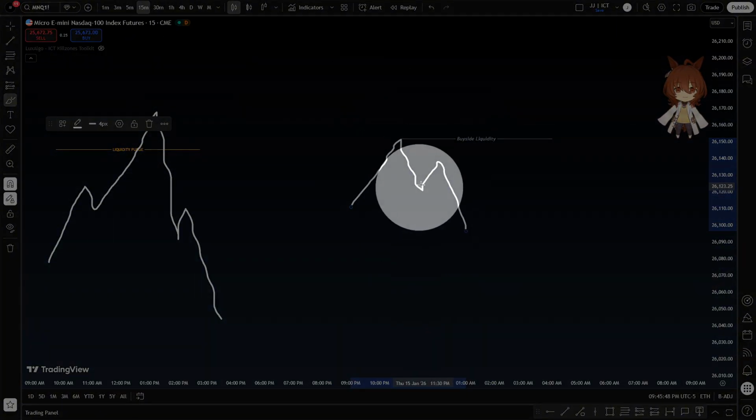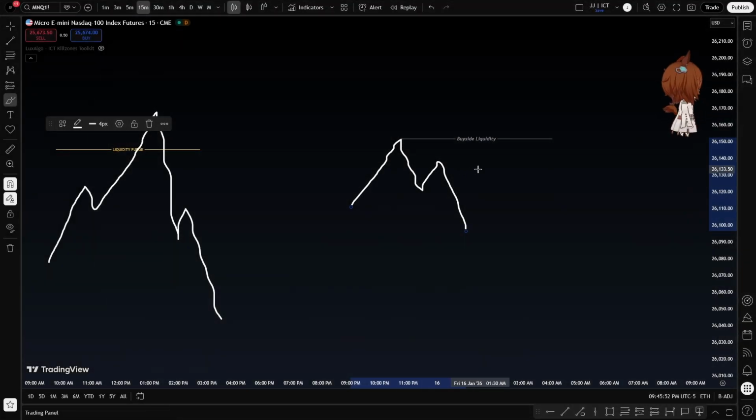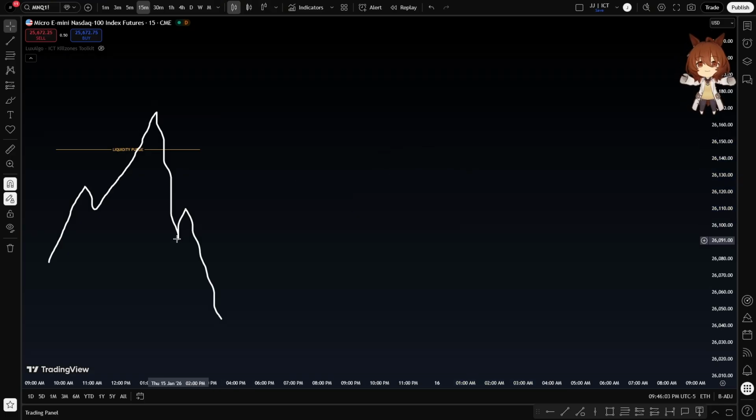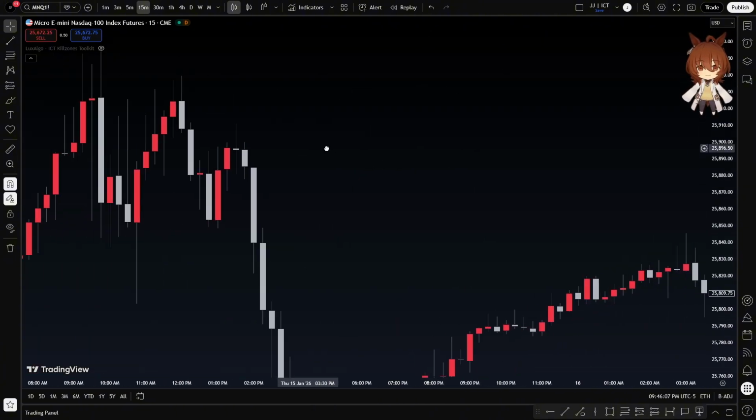The mitigation block would be right there. That's literally how it is. The mitigation block forms when buy side liquidity is not purged. It's just continuing. And if you look at our previous examples, that's exactly what's happening. Let me delete these real quick. Like for example, see this here?